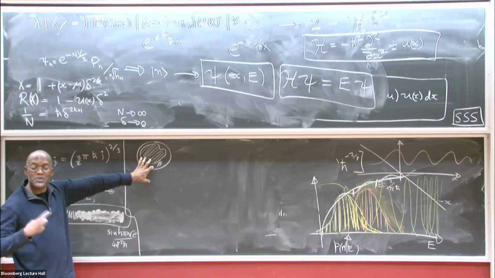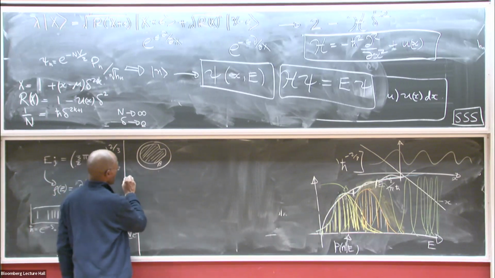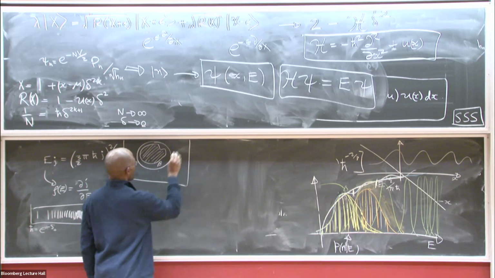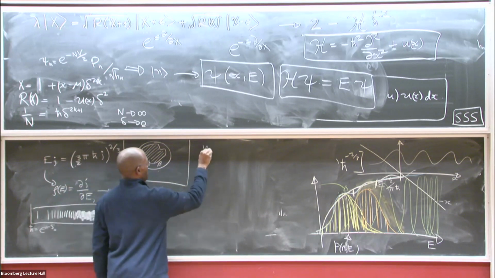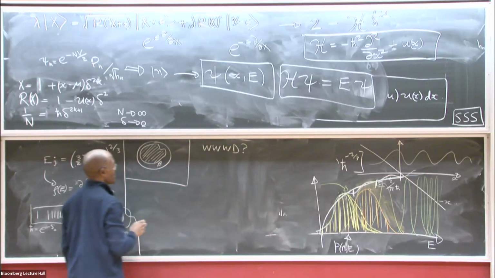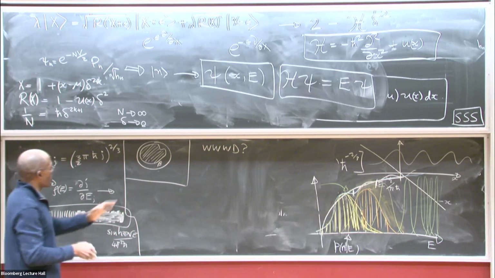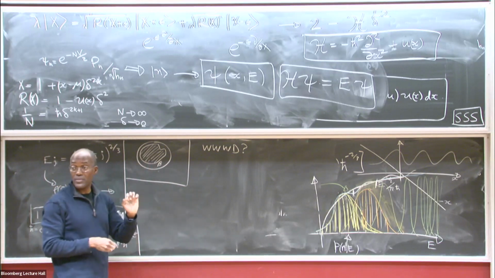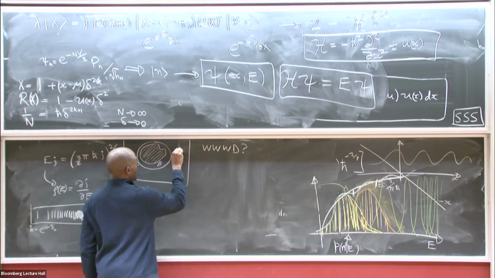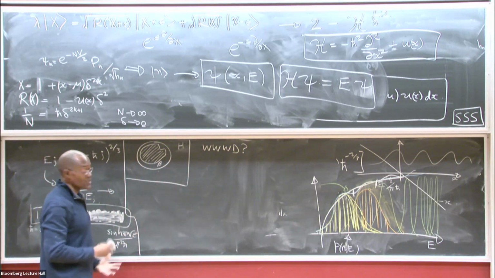So let me say this in a different way, just to be provocative, and let's imagine, let me write WWWD. What would Wigner do? Let's imagine that we were trying to solve this problem. We're trying to find the dual Hamiltonian, H, but it's a difficult problem.